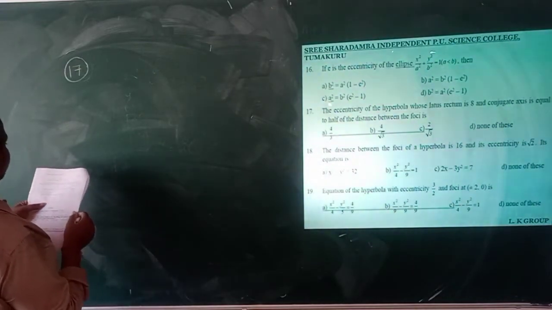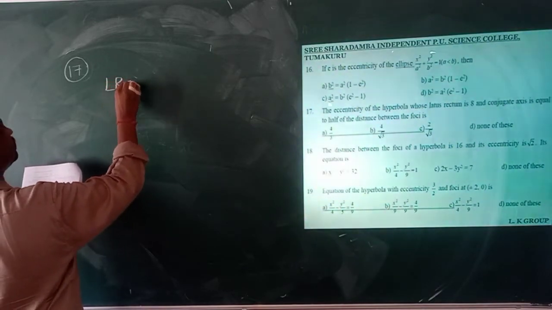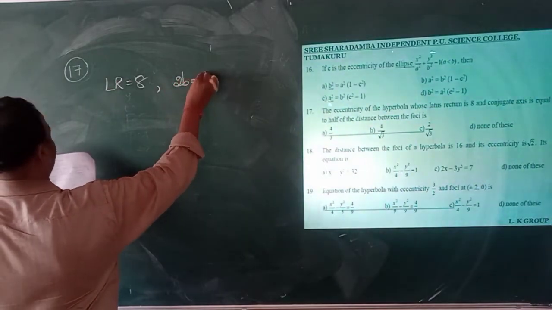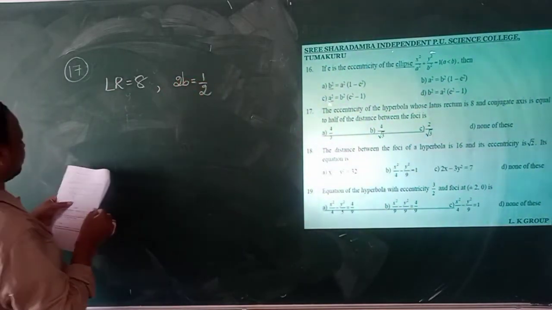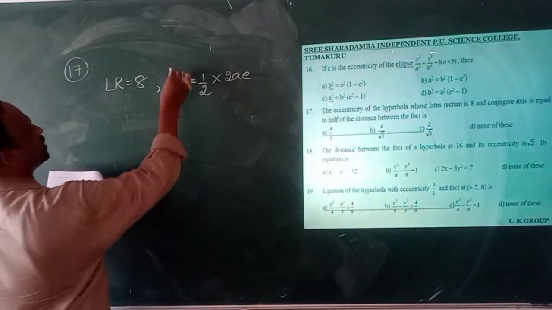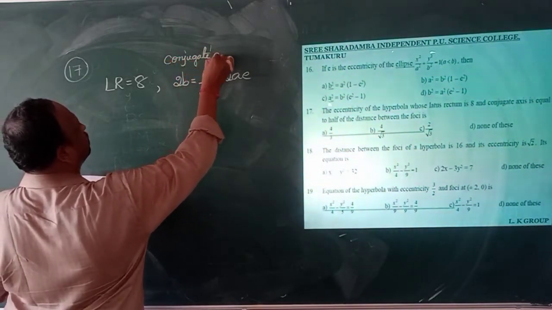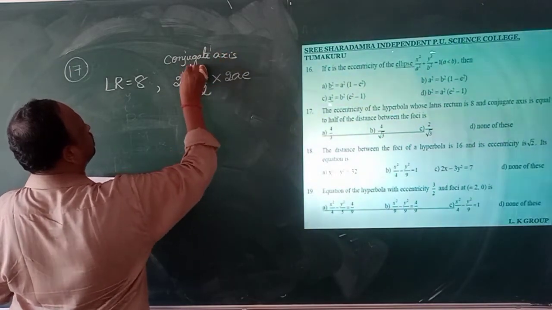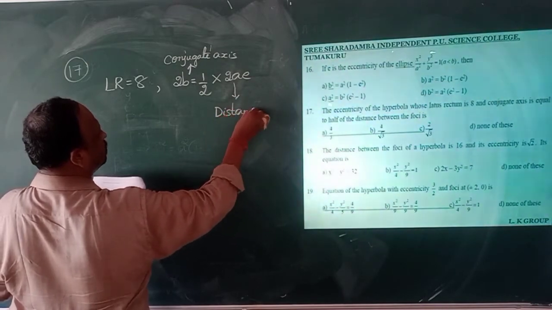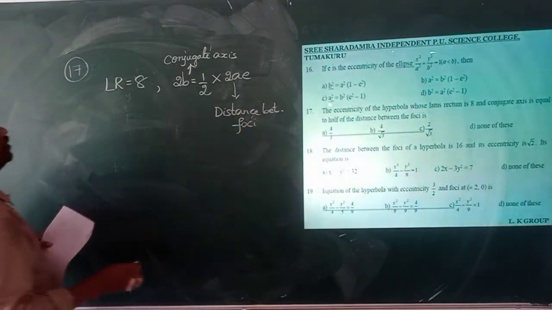17th: the eccentricity of the hyperbola whose latus rectum is 8 and whose conjugate axis is half of the distance between the foci. This is the conjugate axis, and this is the distance between the foci.